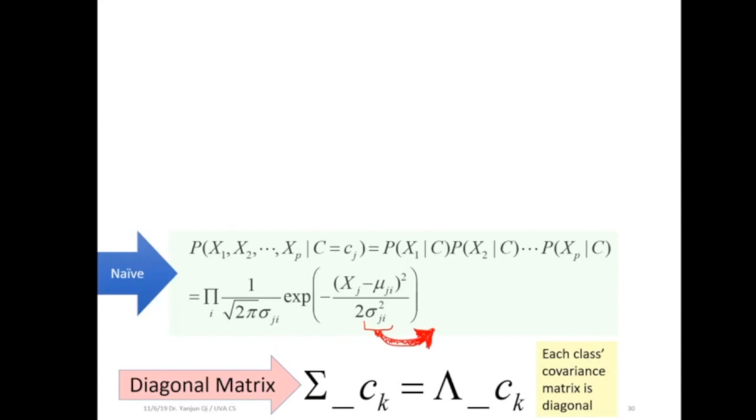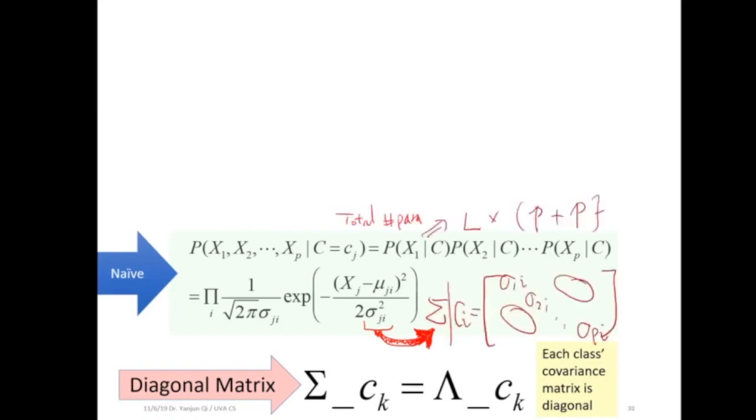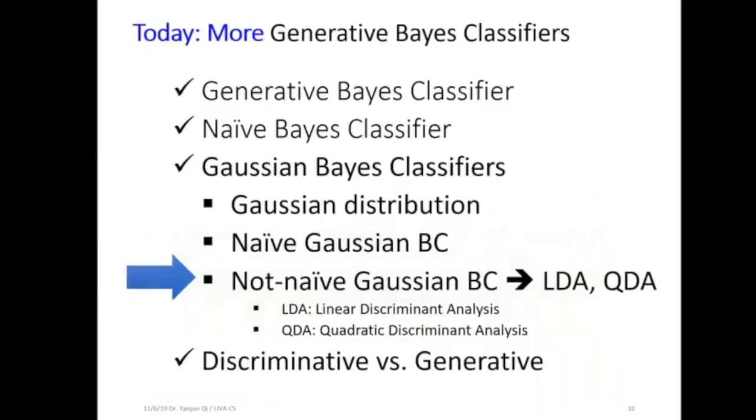This is my naive assumption. So this is the naive Gaussian classifier, and the total number of parameters is 2pL plus L, as repeated.